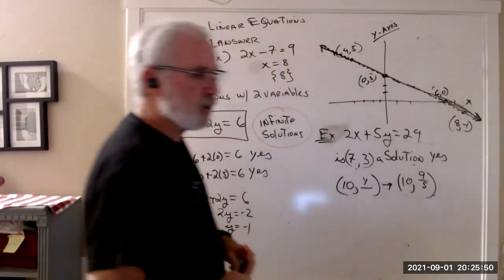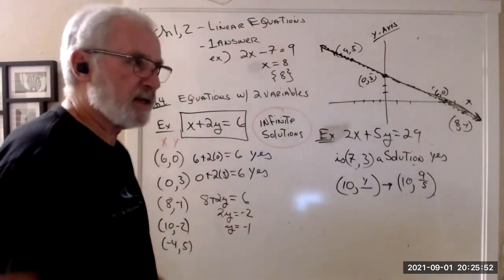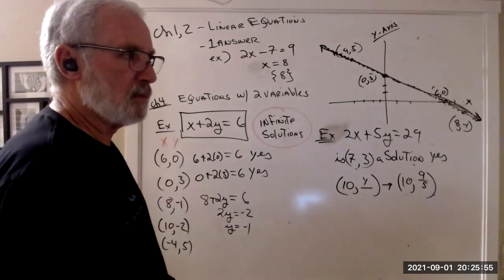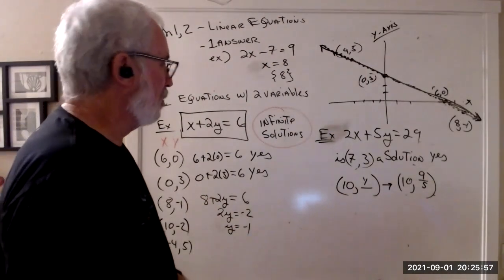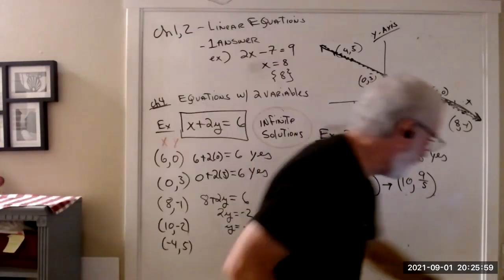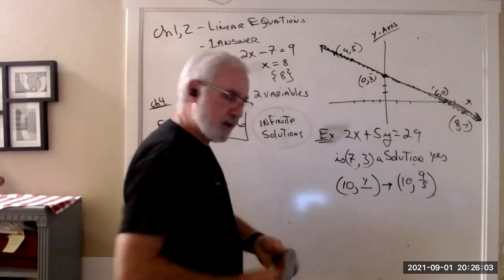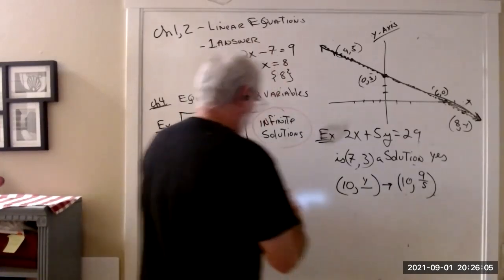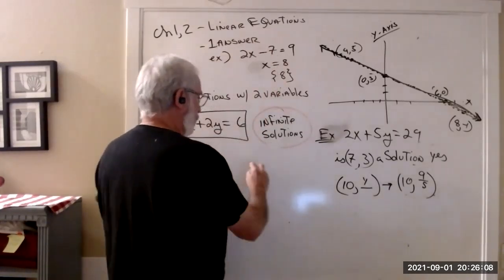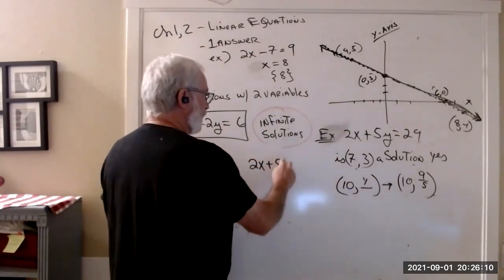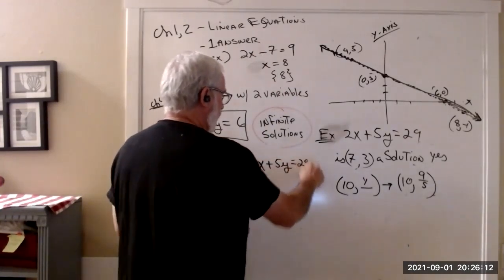Does anybody need to see my work for how I got that? Okay, so you want to see the work for that? So real quick, we have this equation, 2x plus 5y equals 29.